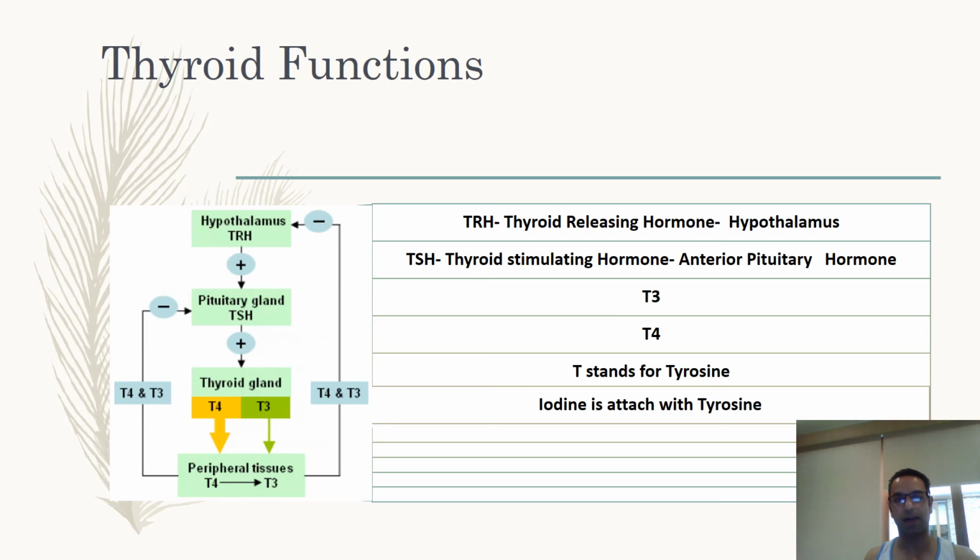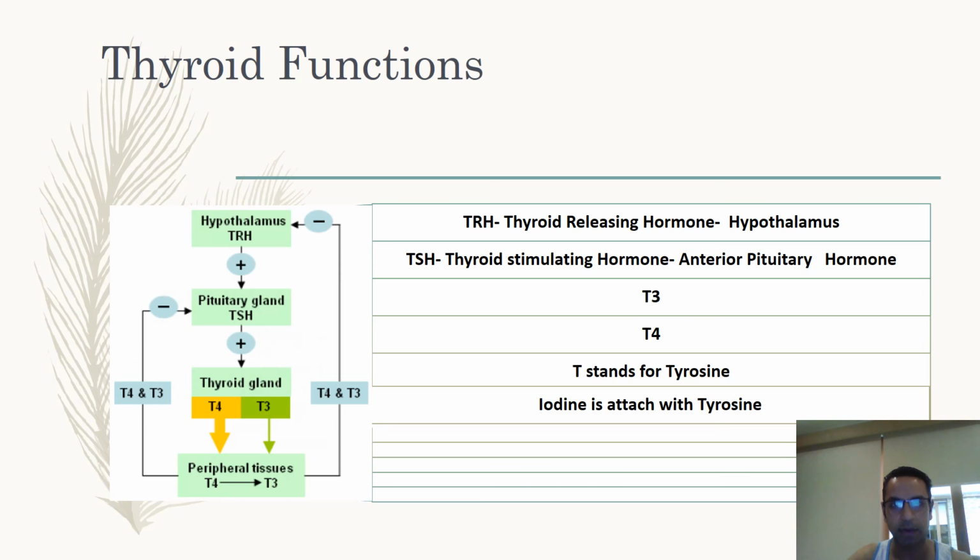To understand what thyroid function is, we need to see how the thyroid hormone is actually released in the body. So you've got the hypothalamus, which is in your brain, and then the pituitary gland, which is just a little bit below the hypothalamus. The pituitary is divided into the anterior pituitary gland and the posterior pituitary gland. They are the ones who give a signal to the body to release the hormone, at least for most of the hormones.